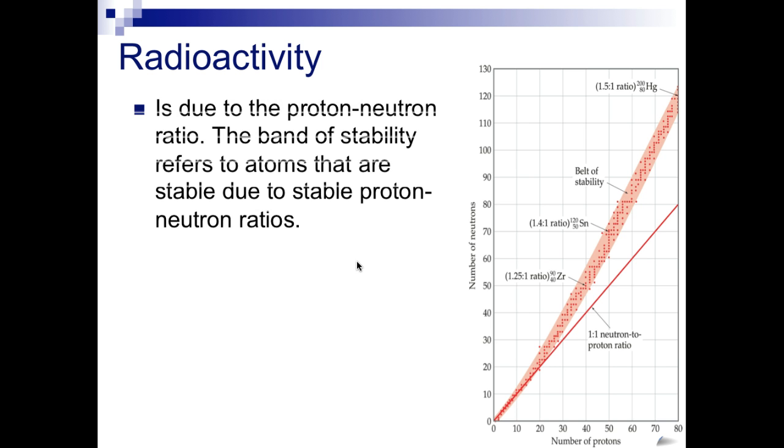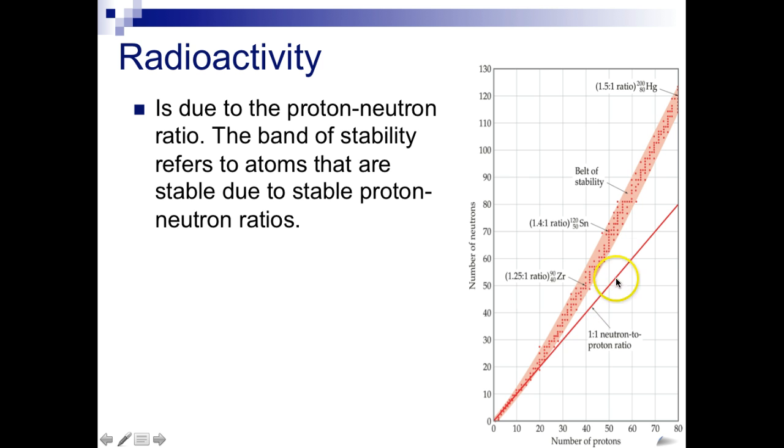The reason why radioactivity happens and atoms decay is because of an unbalanced proton-neutron ratio. So the band of stability refers to atoms that are stable due to the proton-neutron ratio.